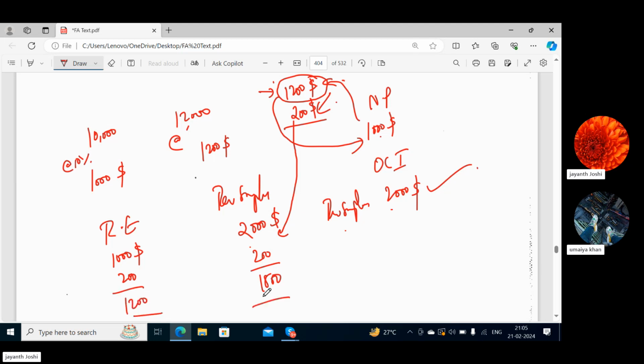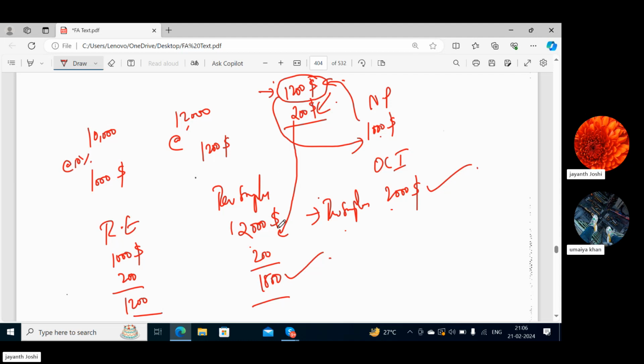Now is it a right treatment? Your excess depreciation expenditure has been matched with your revaluation surplus, and you have the right figure of revaluation surplus, or not? Of course, this expenditure has to be matched with this income, right? I understood this concept, that this is why we are getting 200 in retained earnings.